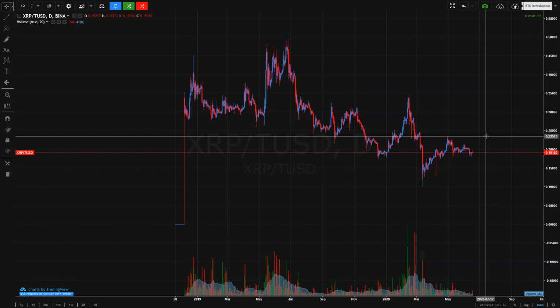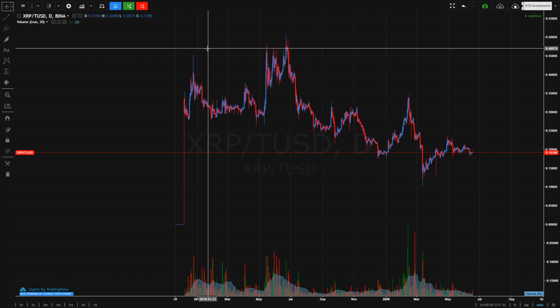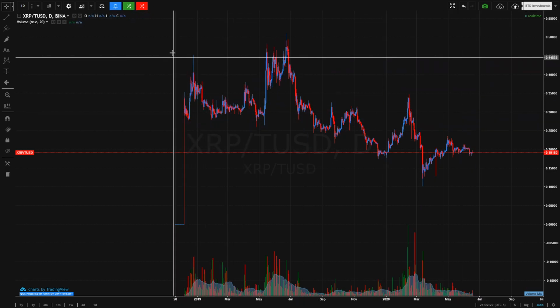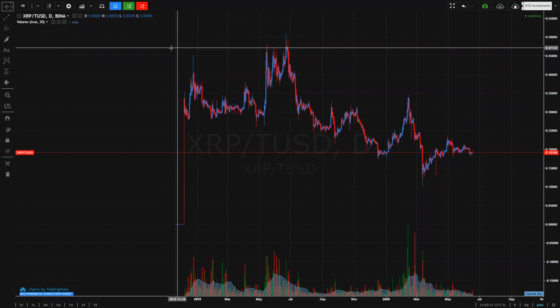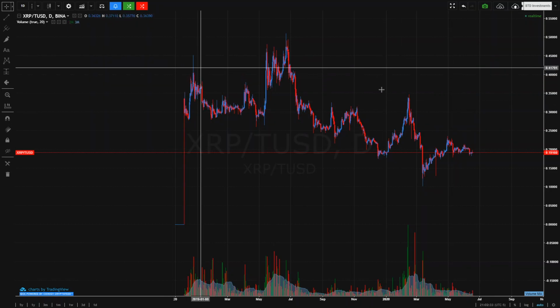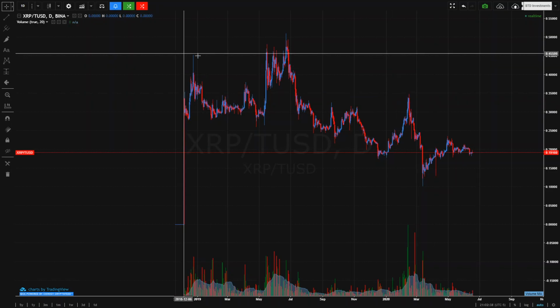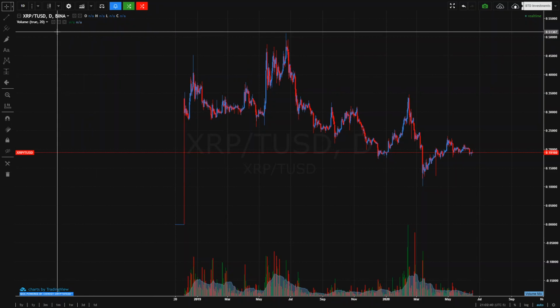The chart doesn't look as bad in terms of US dollars, but if you're investing, you want to think about it more in terms of appreciation relative to Bitcoin and start moving away from valuations in terms of the US dollar.